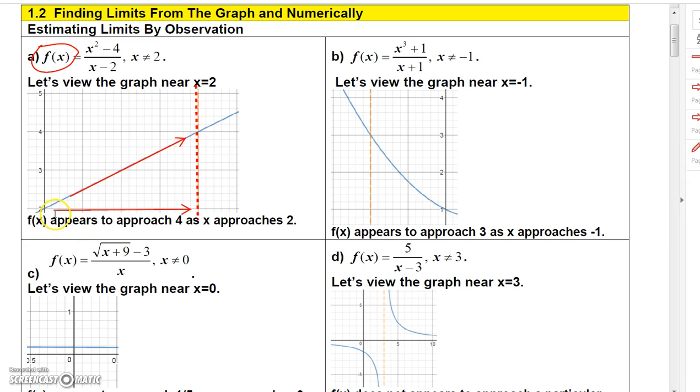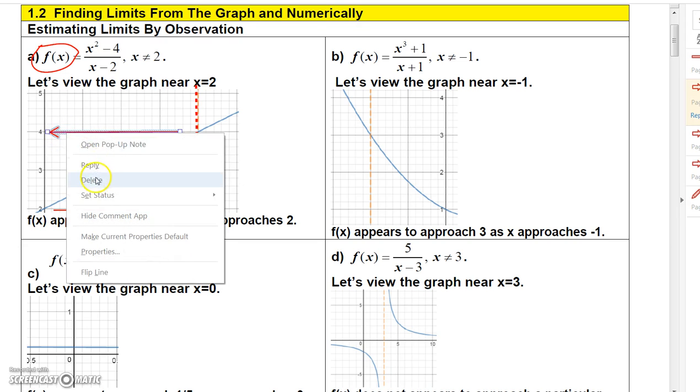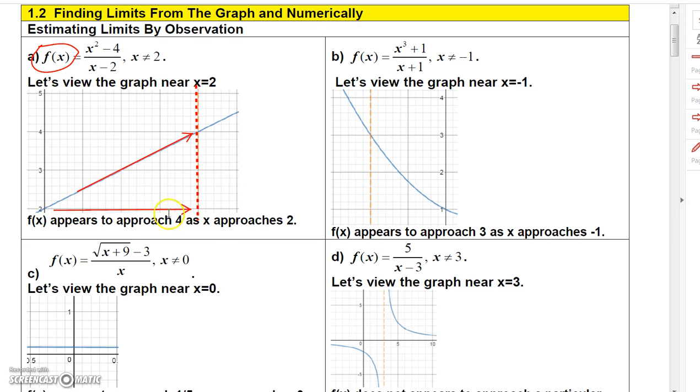As we approach 2 from the left, the y value is going to get closer and closer and closer to a particular number. If you want to see what that number is, just look over here. You can see that number is 4. So as x approaches 2 from this side, the y values get closer and closer to 4.